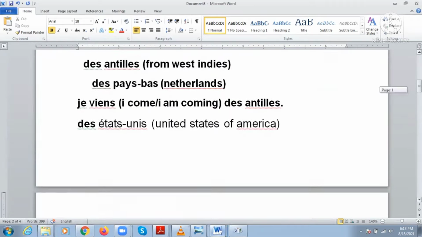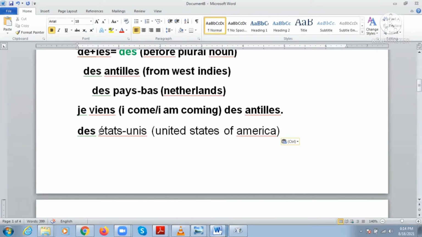Z, because we will link with S, as États is starting with a vowel. Yeah, exactly. Des États-Unis. And if we are just saying America, les États-Unis.